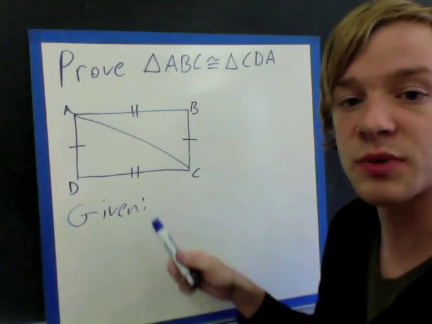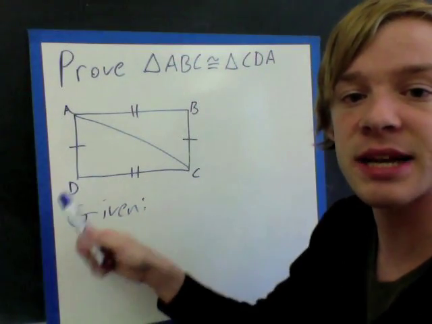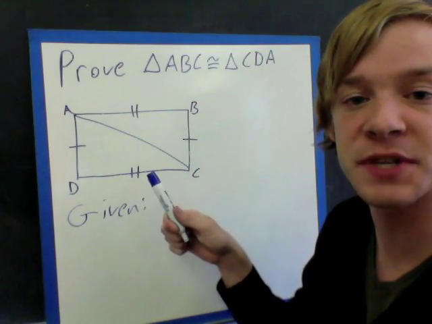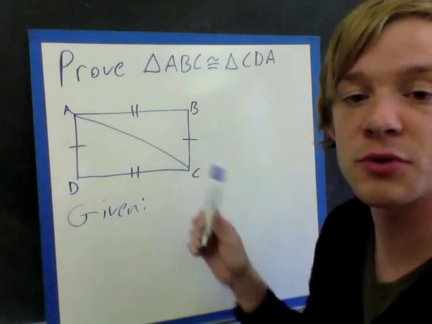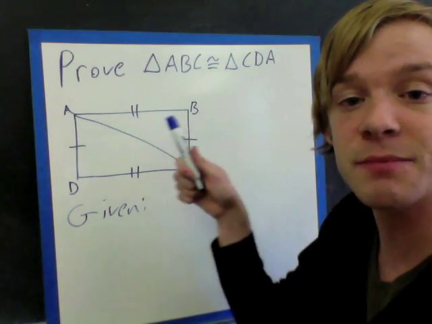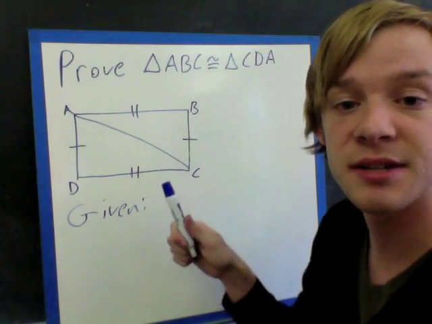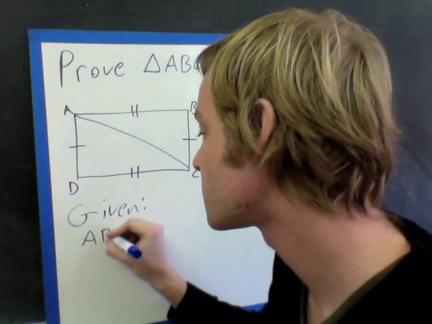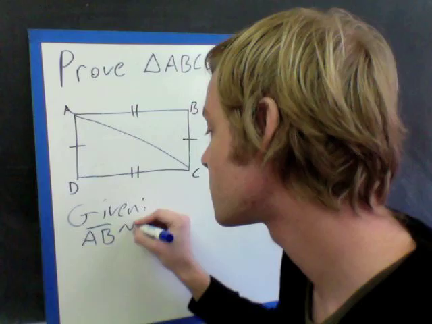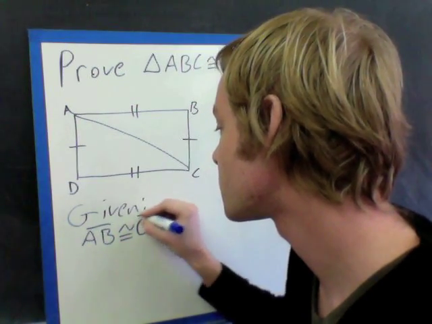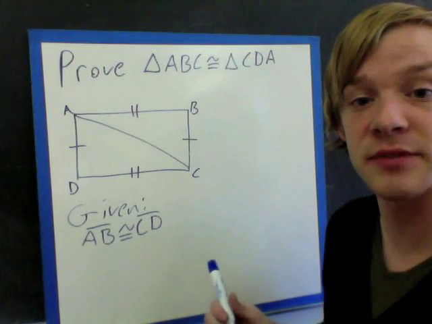So in this case, we see that side CD and side AB have the same number of dashes, the same number of tick marks. So that means that those two sides are congruent. So let's say side AB is congruent to side CD. That's our first given.